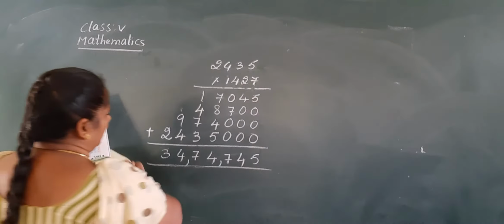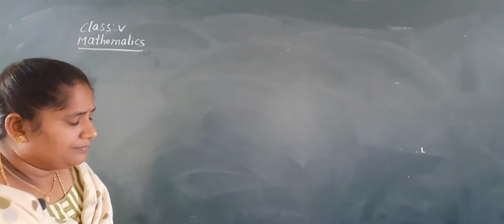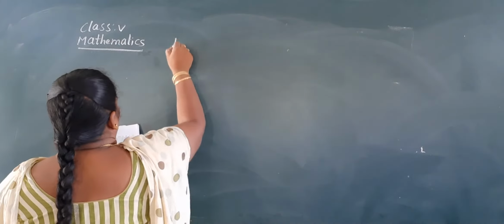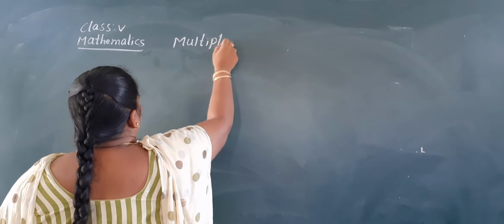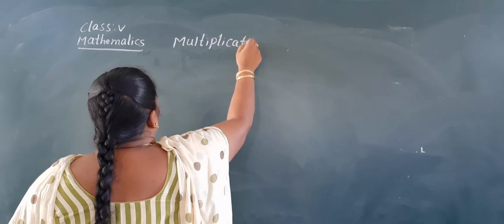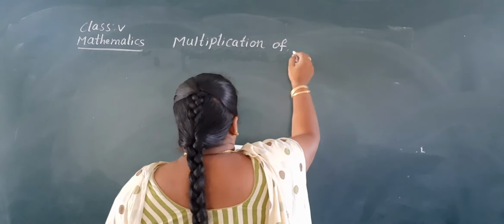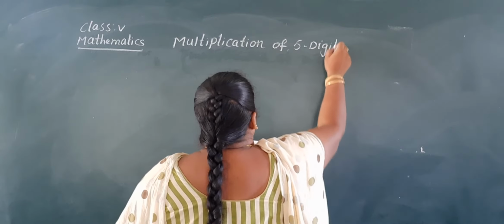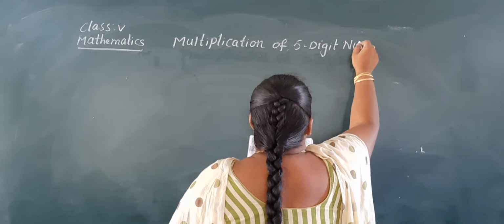All of you open your classwork. Write neatly. Keep that heading, Nana. Multiplication of 5-digit numbers.